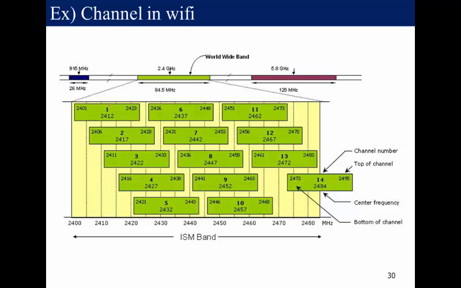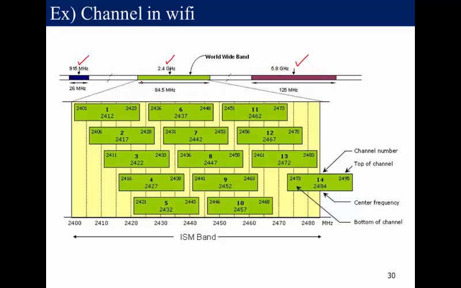What is a channel in Wi-Fi, for example? Channel is over the spectrum of frequencies. If we are thinking of the ISM band, then this is typical ISM. This is also 900 megahertz and a little bit over 5 gigahertz.